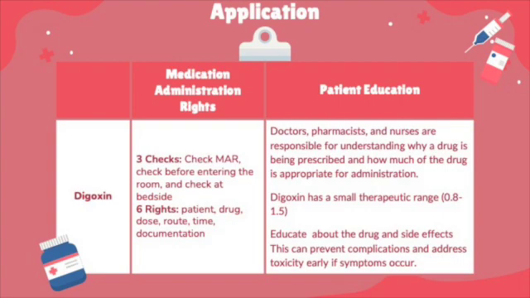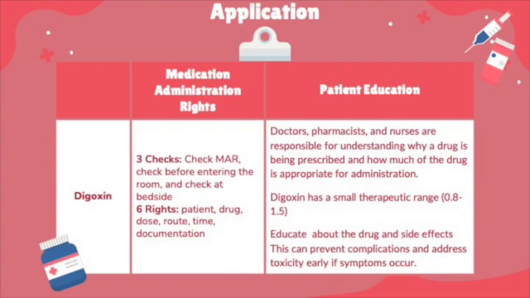The second check is before you enter the patient room. And the third check is at the bedside before you administer the medication. Each check must include the 5 rights: right patient, right drug, right dose, right route, and right time. At the last check at the bedside, we must also perform right documentation.